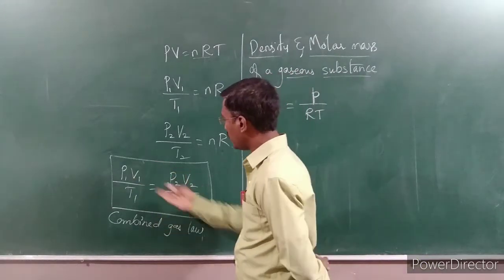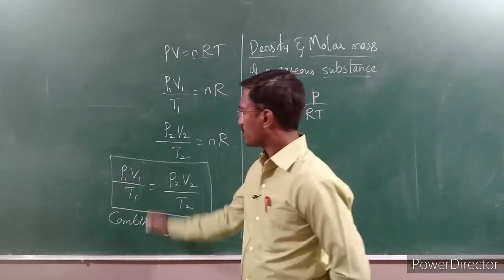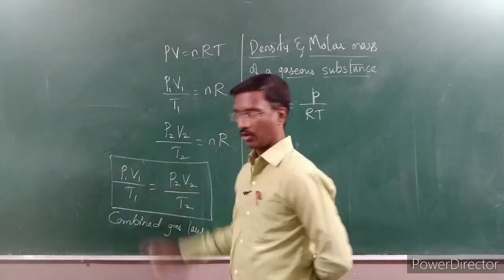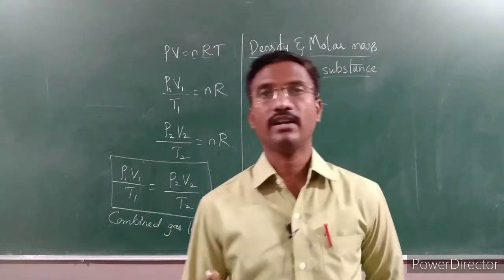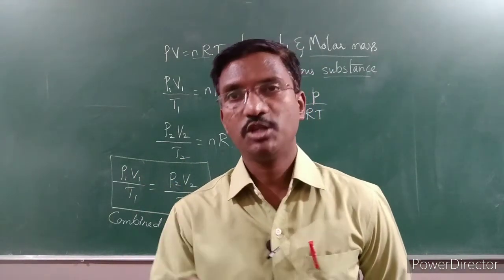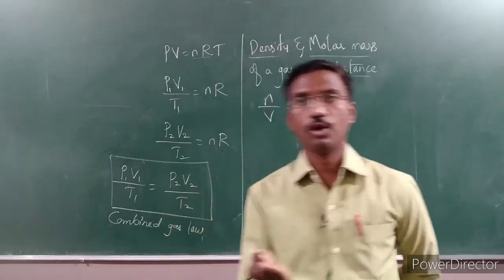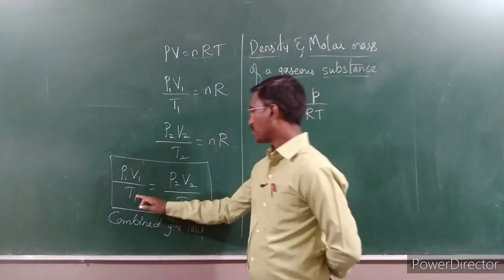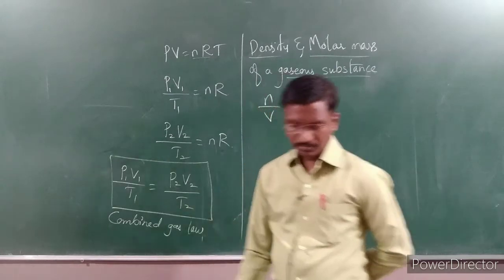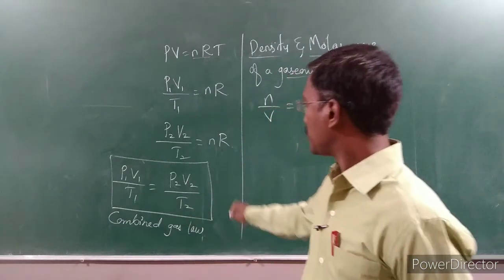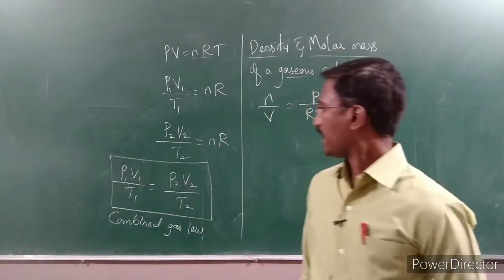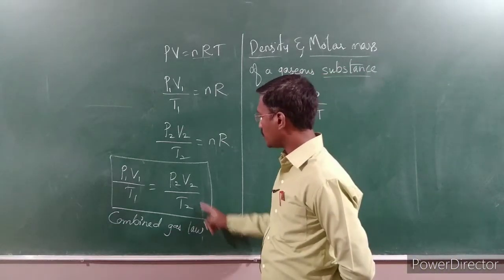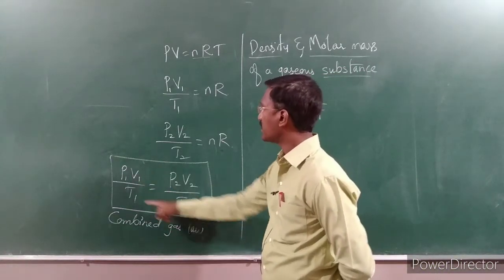These are the initial values and these are the final values. Based on that, you can find the initial or final pressure, initial or final volume, or initial or final temperature. Are you getting it? This expression is called the combined gas law, or combined gas equation.